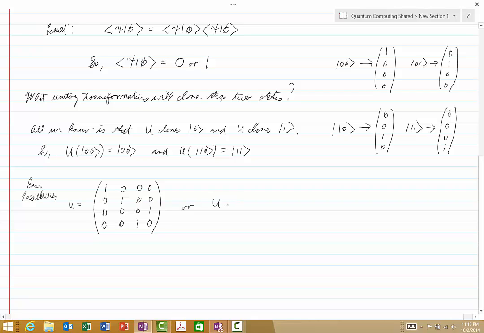Of course, there are others. All of them must have the first column equal to 1, 0, 0, 0, and the third column equal to 0, 0, 0, 1. But we could have also said 0, 1, 0, 0, and 0, 0, 1, 0 here.